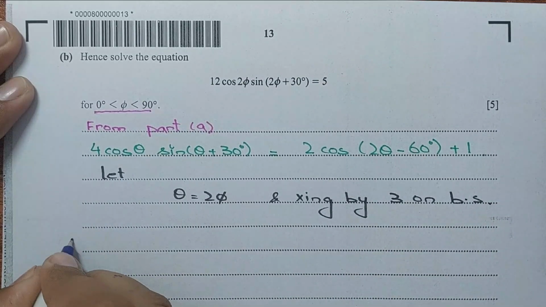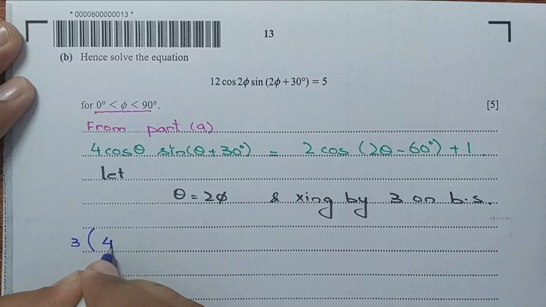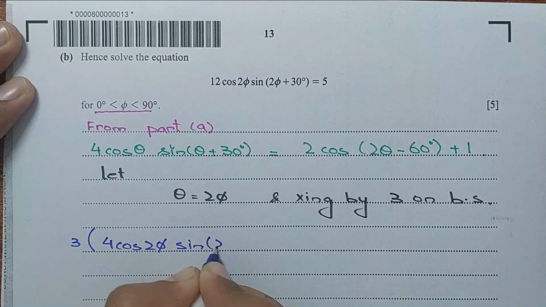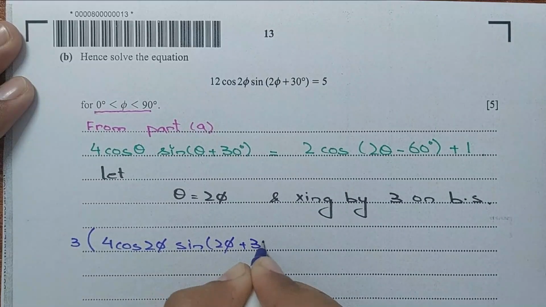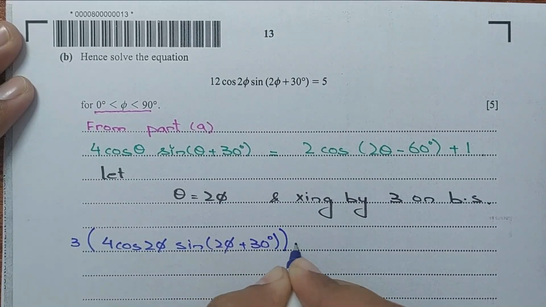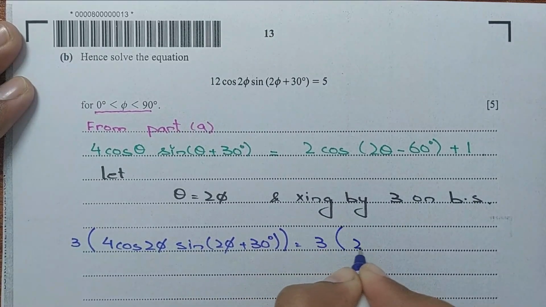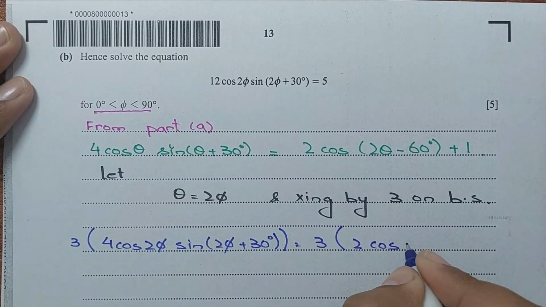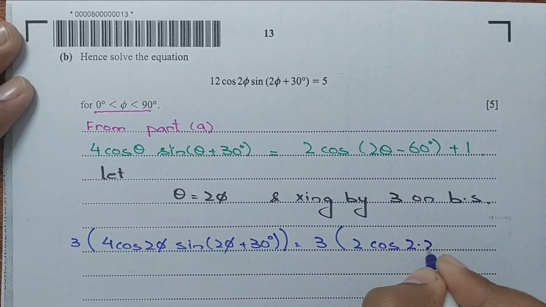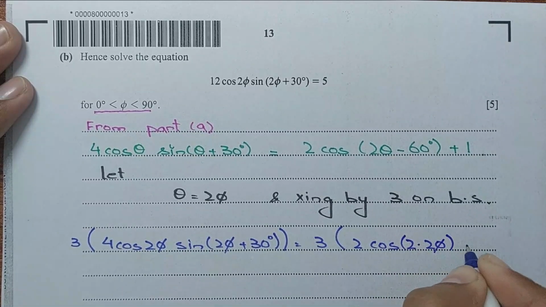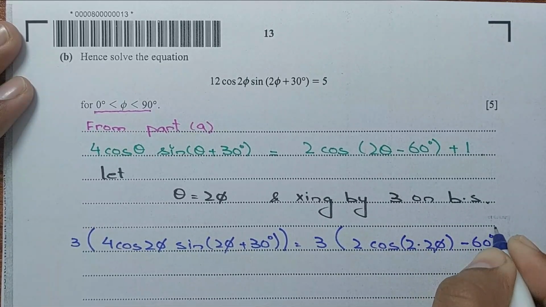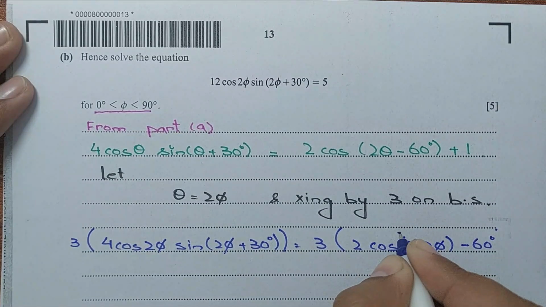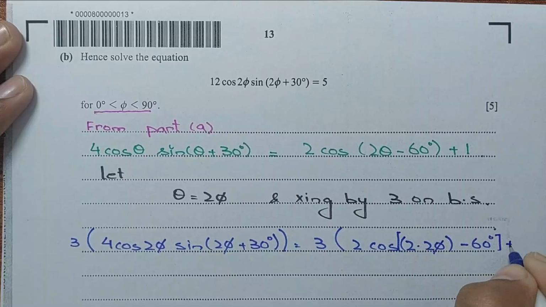Multiplying by 3 on both sides, 3 product with 4 cos theta, where theta is 2 phi, sine 2 phi plus 30 degrees, 3 product with 2 cos 2 times theta, 2 and theta is 2 phi, minus 60 degrees plus 1.